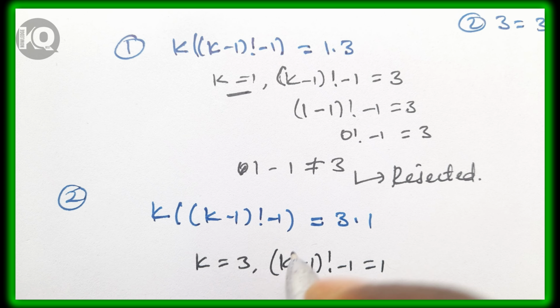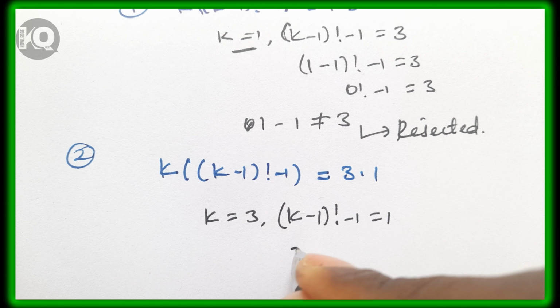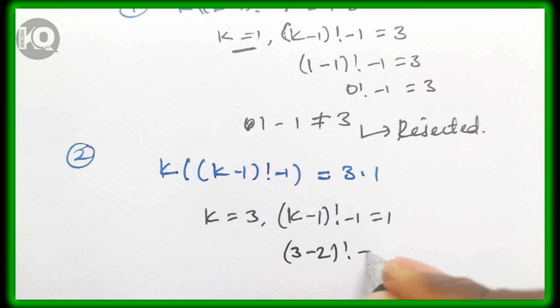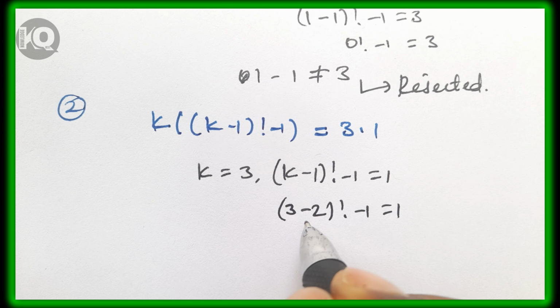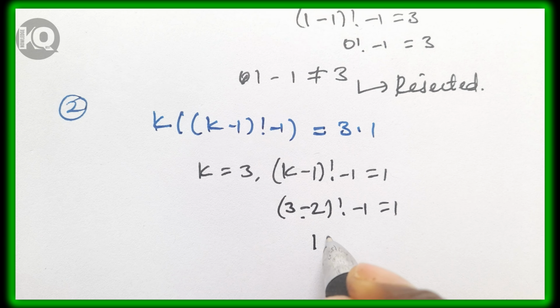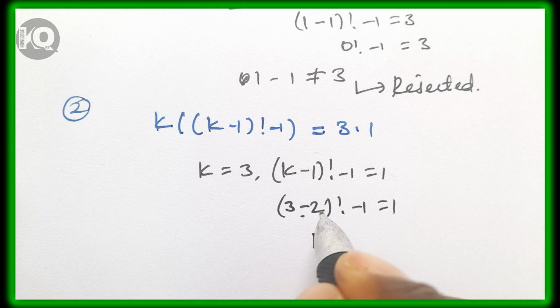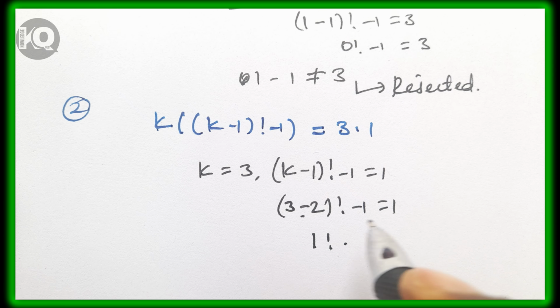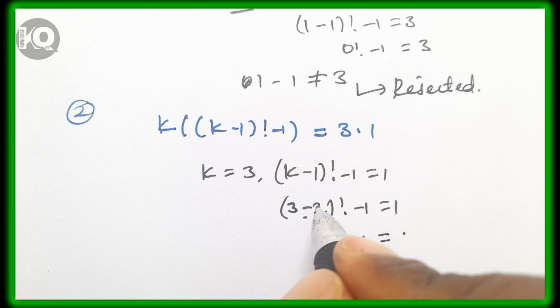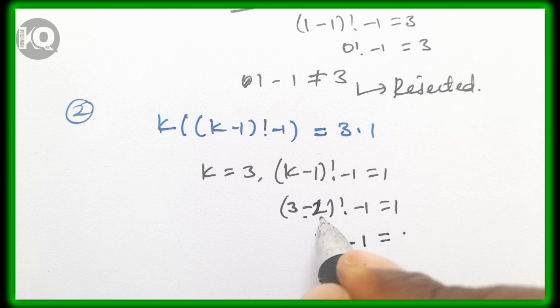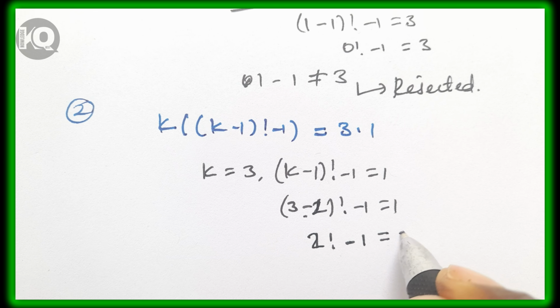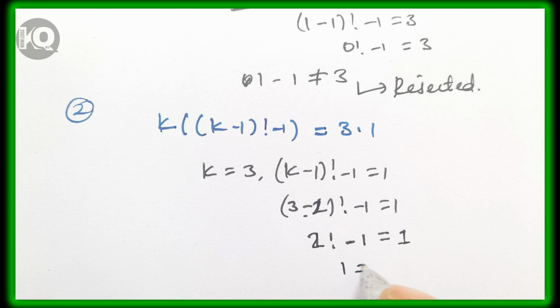Using k equal to 3, this will be 3 minus 1, which is 2 factorial, minus 1, which is equal to 1. So 1 equals 1, which is accepted.